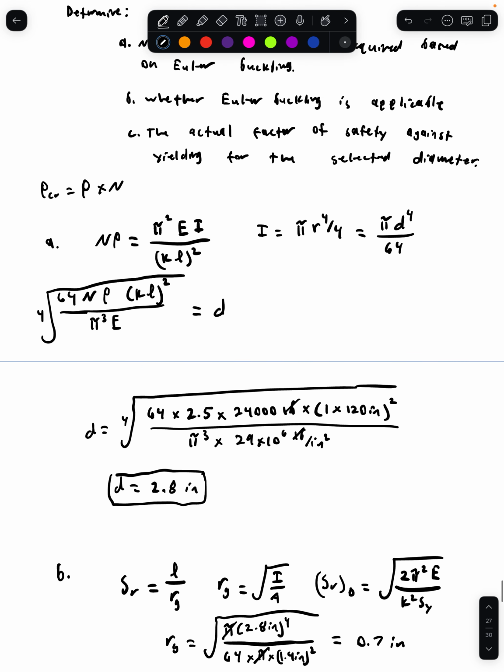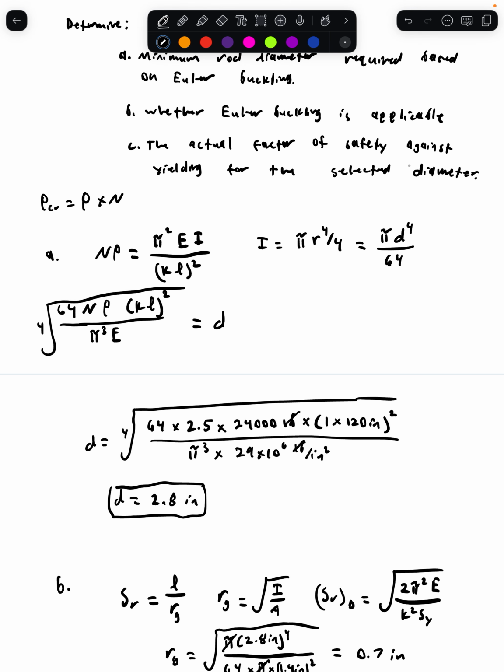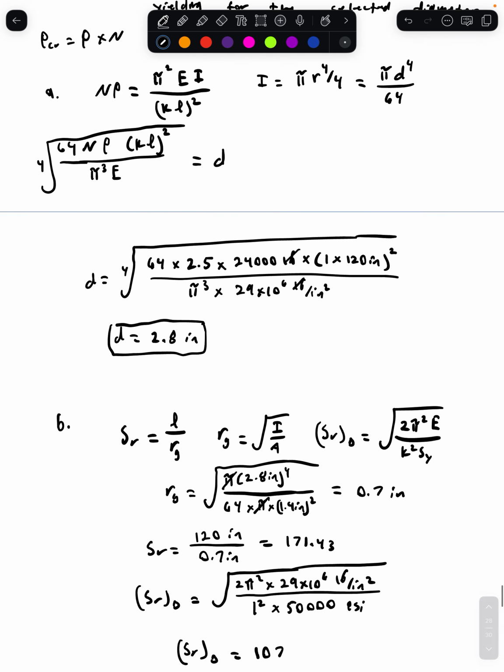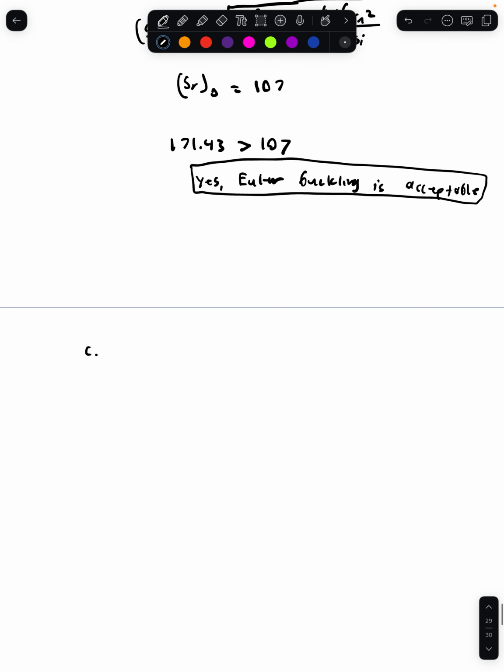So then for part C, we need to find the actual factor of safety against yielding for the selected diameter. So I'm just going to find the stress using the diameter we found earlier. The load is 24,000 pounds. The area is pi times the radius squared.